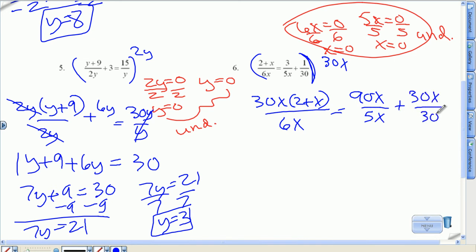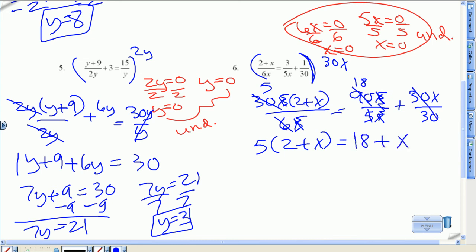Okay? Alright, I'm going to do some reducing here. Let's see. The x's cancel. 6 goes into 30 5 times, so I'm left with 5 times 2 plus x. 5 goes into 90 18 times. Here the x's cancel out, so that's an 18. Here the 30s cancel out, but that x doesn't go anywhere.